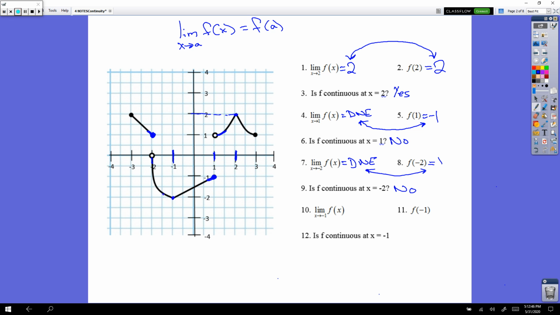The limit as x approaches negative 1 would be negative 2. F of negative 1, so when x is negative 1, y is negative 2. And since those two things equal each other, f is continuous at negative 1. Okay? So again, if the limit is the same as plugging in that x value to the function, then it's continuous. If the limit and the value after you plug in are different, it's not continuous.